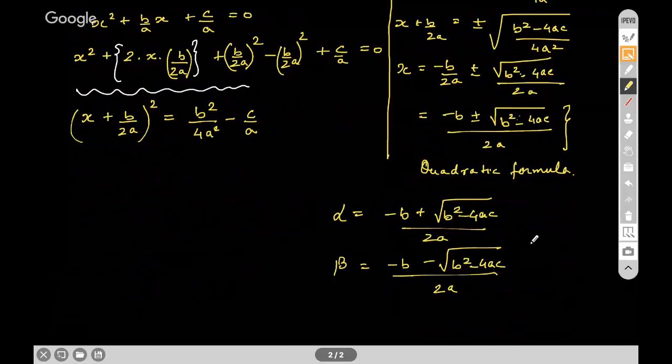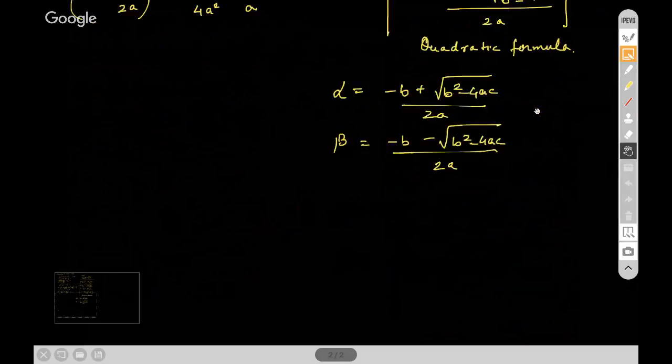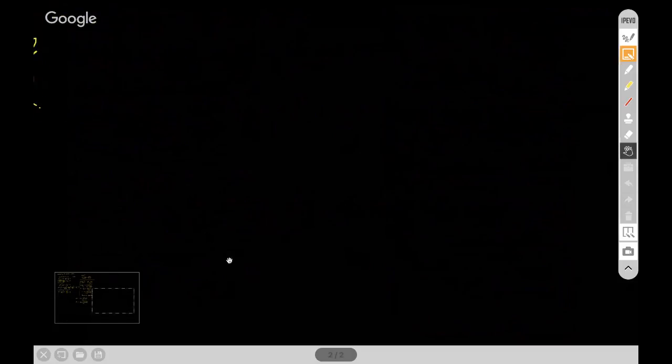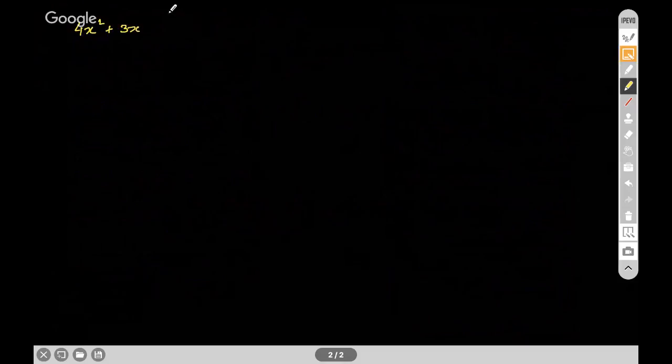The question is: solve by the method of completing the square. 4x square plus 3x plus 5 equals 0.